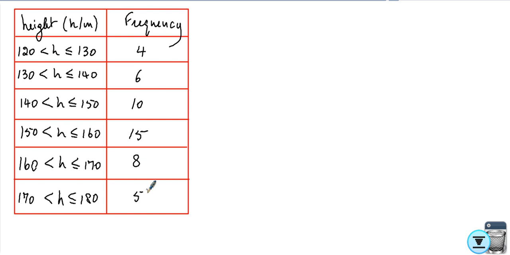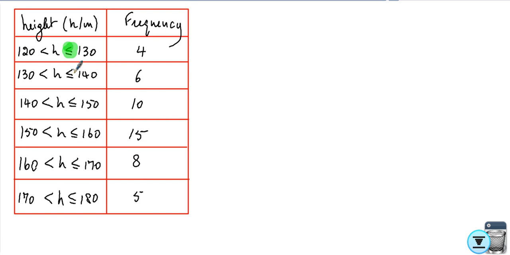So there were 4 people whose height lied between 120 and 130 centimeters. Note that 130 is included. There is this symbol, a very important symbol showing that it is included, and the 120 is not included.